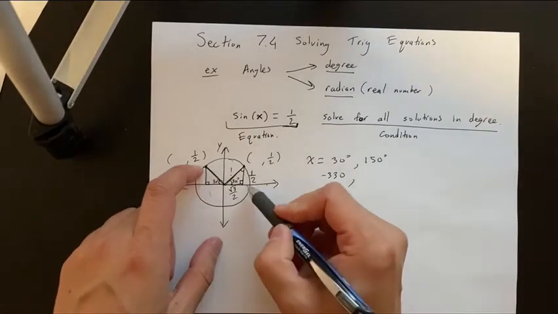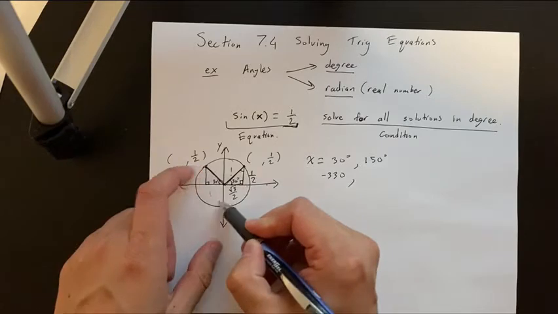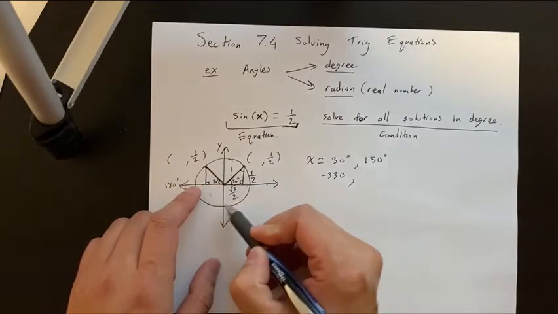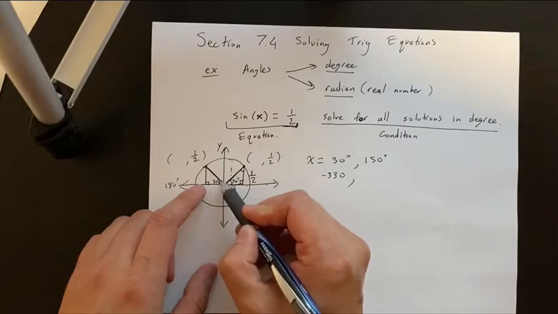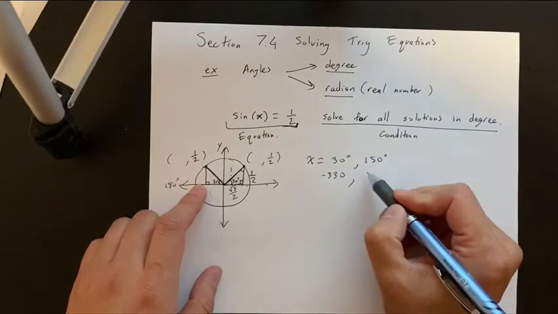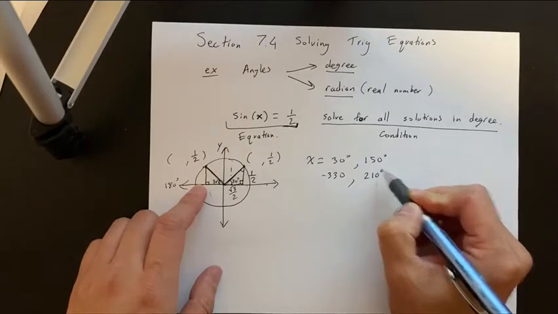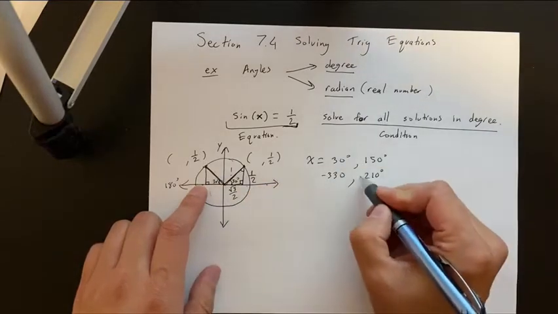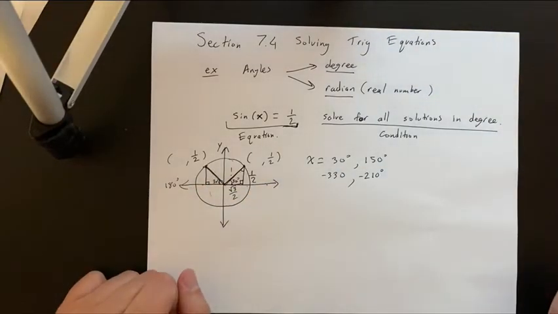Let's think about the clockwise direction. That's 180, and then you need to go 30 degrees more. So that's 180 and an additional 30, so that's going to be 210. But we went the negative direction, so that's negative 210.